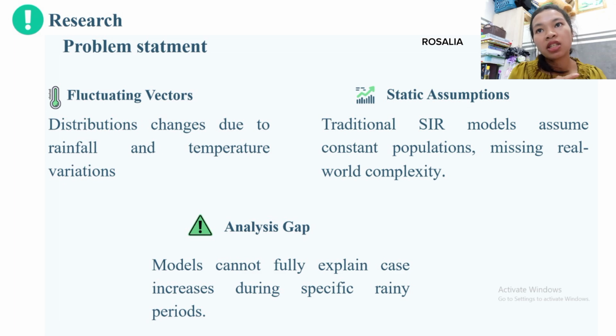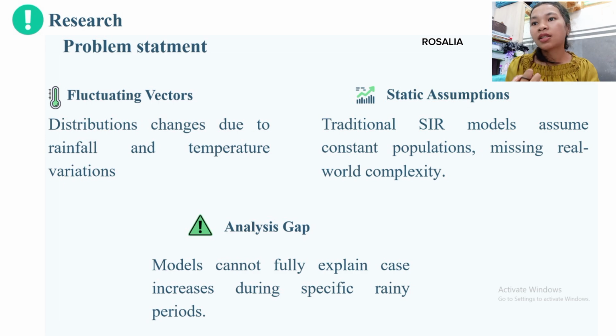The next is a research problem statement. For the first, mosquito population fluctuate because of rainfall and temperature change. Thus, environmental factors affect the spread of dengue. Second, traditional SIR models usually assume constant population, so they cannot fully represent real-world conditions.